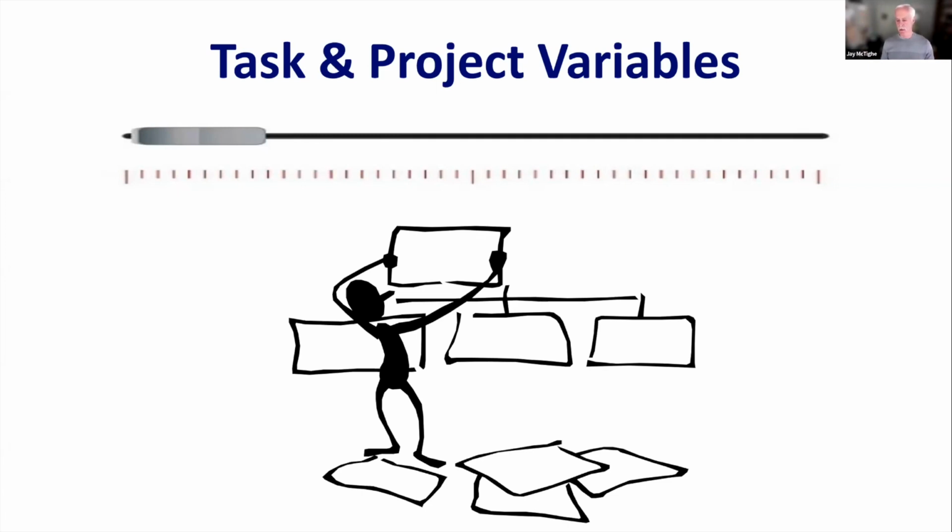And so as an alternative to trying to categorize, I propose that we can productively and beneficially think about a set of variables that apply across dimensions, if you will, that we can use to decide how much of each of these variables we want to build into a task or a project.